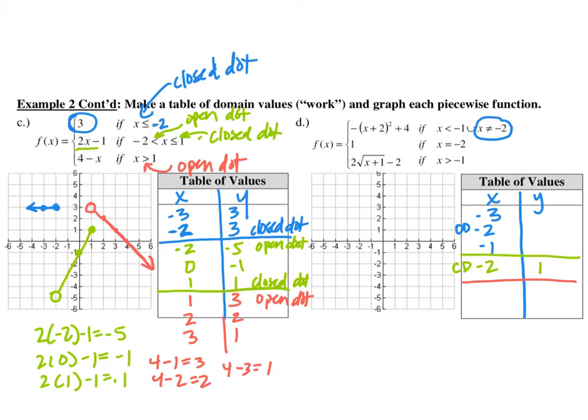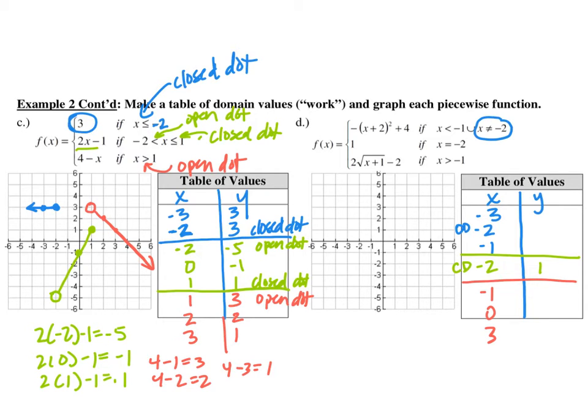So we'll substitute in the -1 again. And then 0 and, I want a number that will evenly square root, so let's try 3.